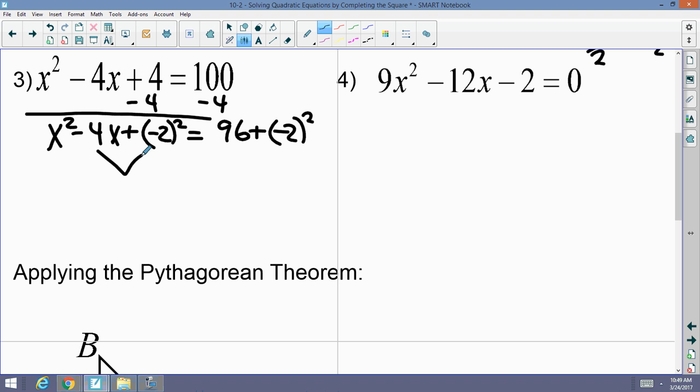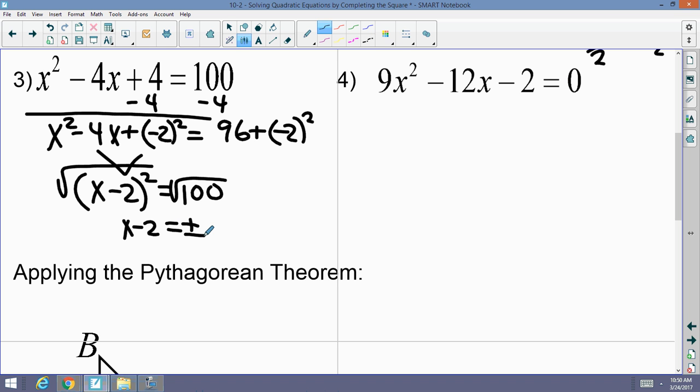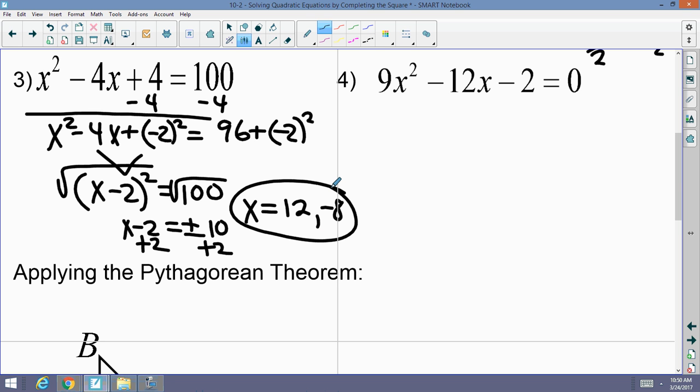This factors out to become x minus 2 squared equals 96 plus 4 is 100. Square root both sides. X minus 2 equals plus or minus 10. Add 2 to both sides. X equals 10 plus 2 is 12, and negative 10 plus 2 is negative 8. And there you are.